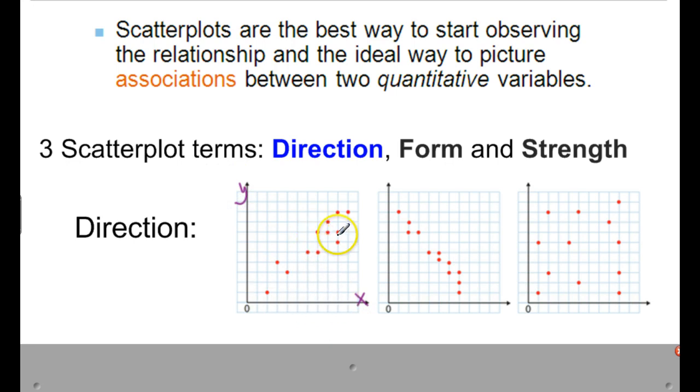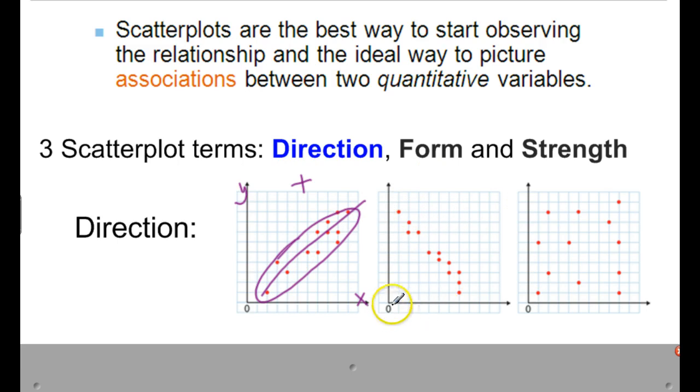As x gets bigger, the y values are getting bigger. So in general, sometimes in psychology you just put an ellipse around this, or sometimes in math we do a regression line here that fits the data. And so we can definitely see that this is a positive slope, and so it's a positive direction.